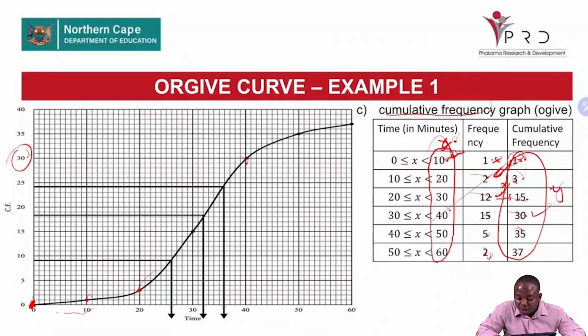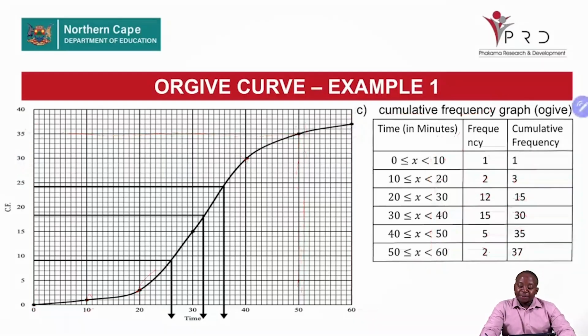We go to 50, and the value is 35. Then at the upper limit of 60, it goes to 37. That is where we find it. So that is how we find our cumulative frequency curve, or ogive, which is cumulative frequency versus upper limit. So the upper limit becomes x, and the cumulative frequency becomes y.